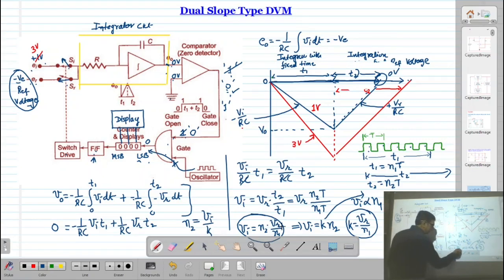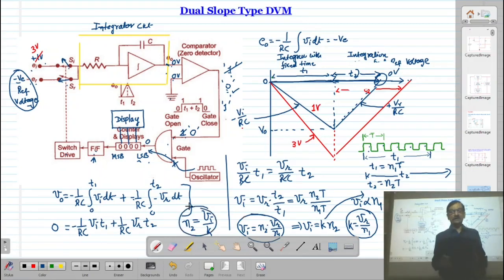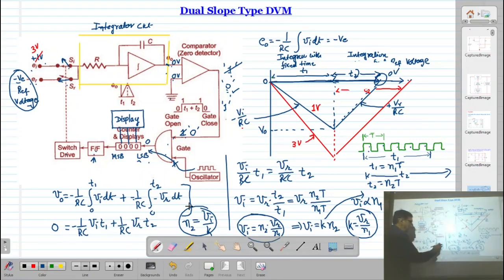In this expression there is no R and C. So for the integrator I can take any value of resistance and any value of capacitor, and the number of clock pulses is independent of them. It depends only on your input voltage.